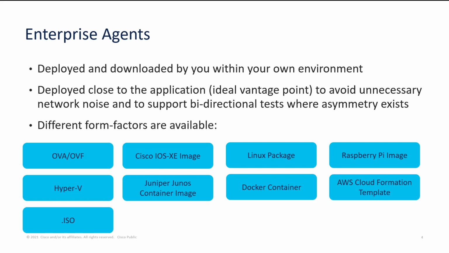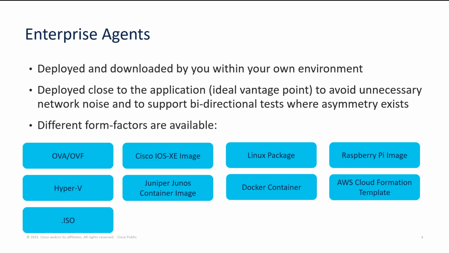Different form factors for the enterprise agents do exist, so you can see we've got a myriad of different options available depending on your needs. We've got the main ones there, the OVA for VMs, Hyper-V, ISO files, and we've even got a Raspberry Pi image, which I think is quite cool.